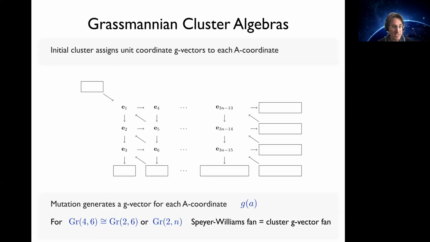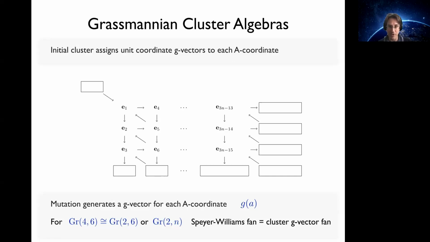Okay, now in our example that we were talking about with that Stasheff polytope and the fan that I showed, the Gr(4,6), that's actually dual to a Gr(2,6), which is an example of a Gr(2,n). And in those examples, the fan that we defined following the Speyer-Williams construction is actually equal to the fan that we obtain by looking at the G vectors for our cluster algebra.